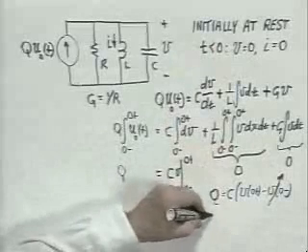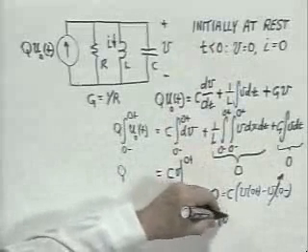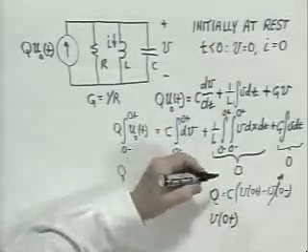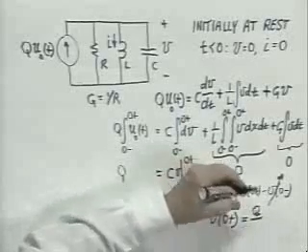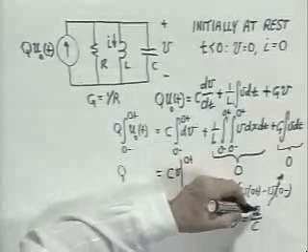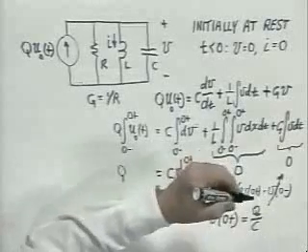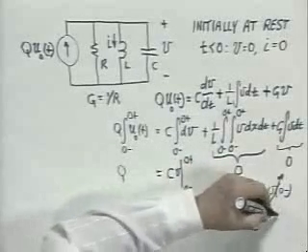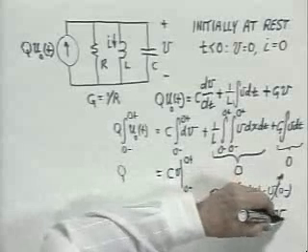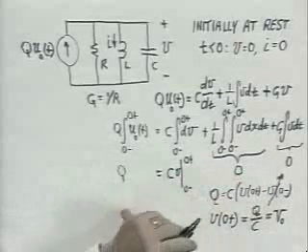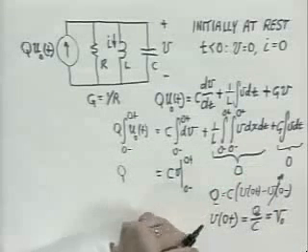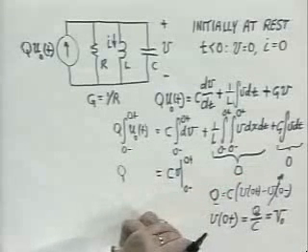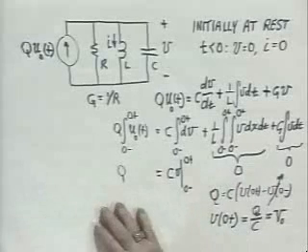So V of 0 plus, the voltage across the capacitor after the impulse has passed, is just Q over C, the charge in ampere seconds divided by the capacitance. And for convenience, we'll call this V sub 0. It is the voltage across the capacitor at t equals 0 plus. So we now know the initial voltage.